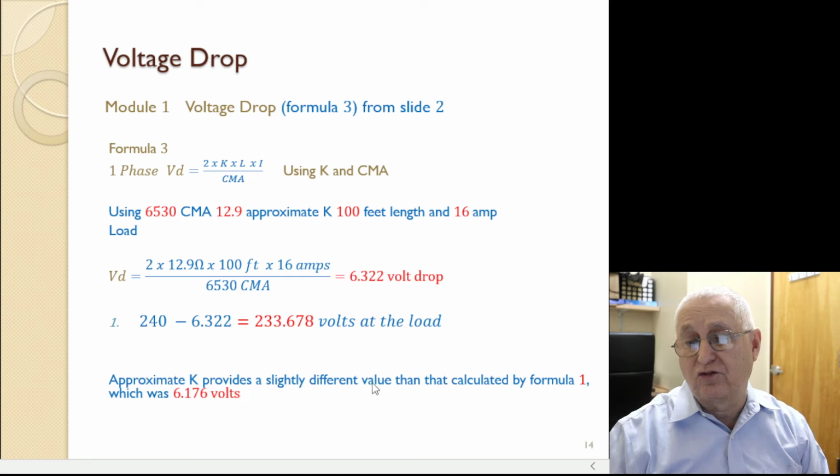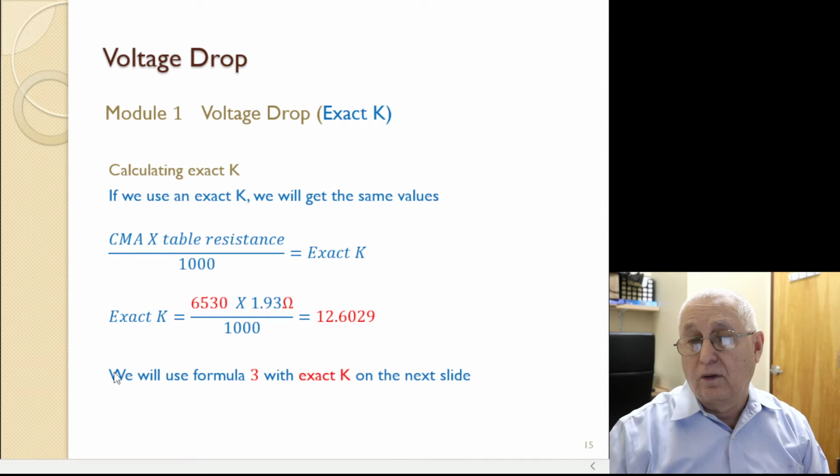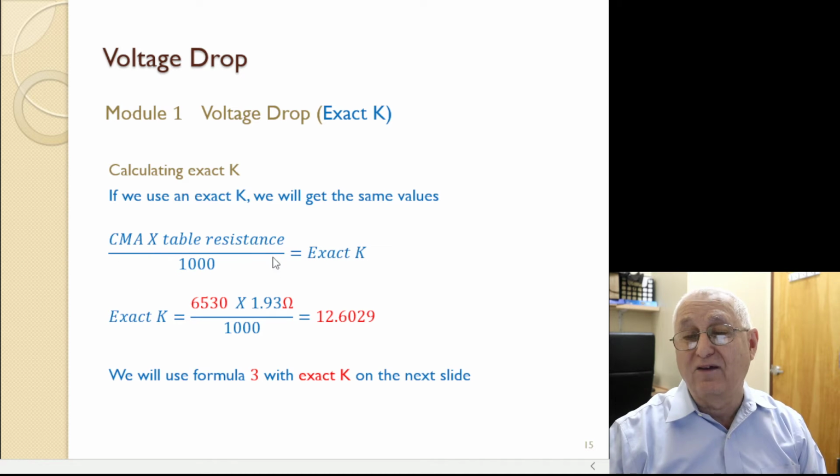Approximate K provides a slightly different value than that calculated by Formula 1, which was 6.176 volts. If we use an exact K, we will get the same exact values. This is a formula for computing exact K: CMA times table resistance. We take the CMA value, circular mill area, from Chapter 9, Table 8 of the National Electrical Code.